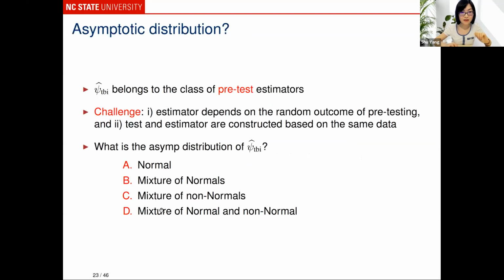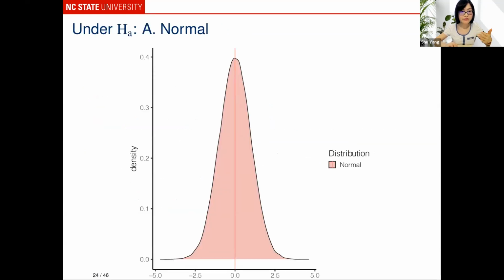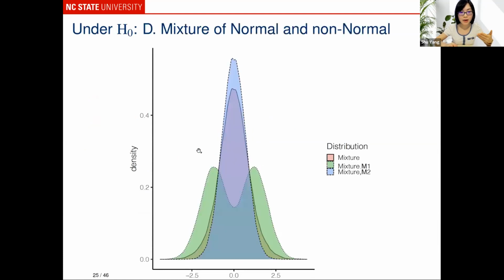It depends. Under the fixed alternative, because our test can reject the null hypothesis all the time in large samples, the TBI estimator essentially becomes the RCT estimator, so it will follow a normal distribution. While under the null hypothesis or the local alternative hypothesis, it actually mixes one normal distribution and one non-normal distribution.